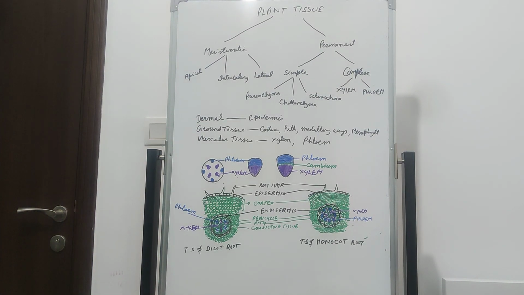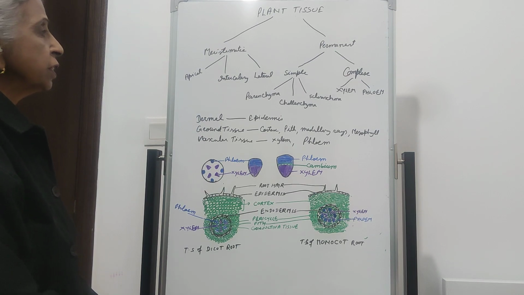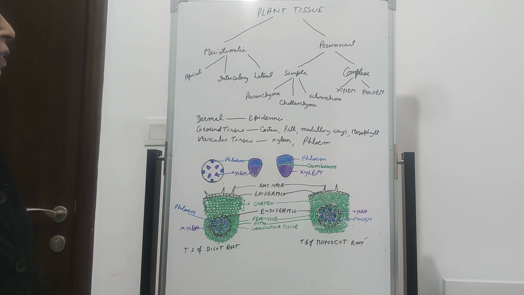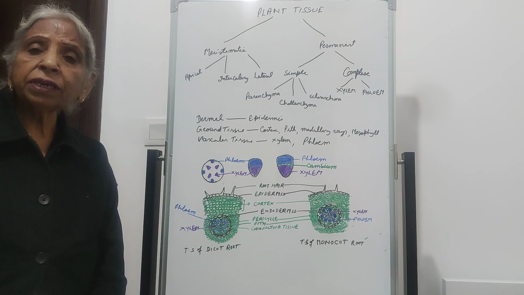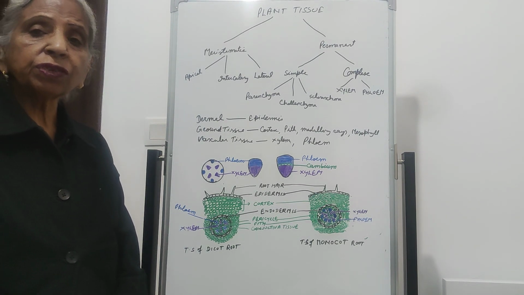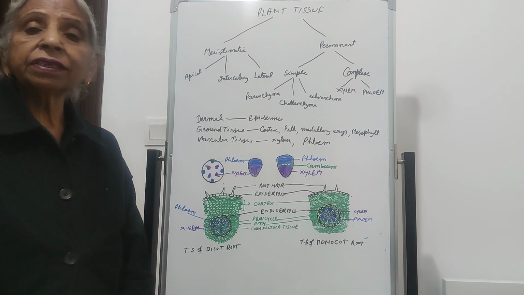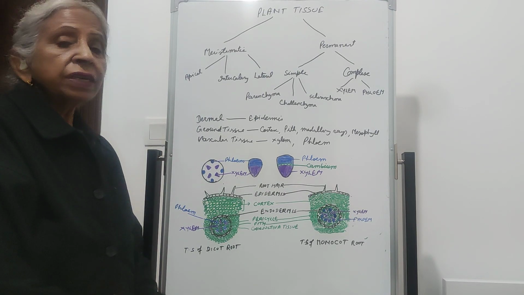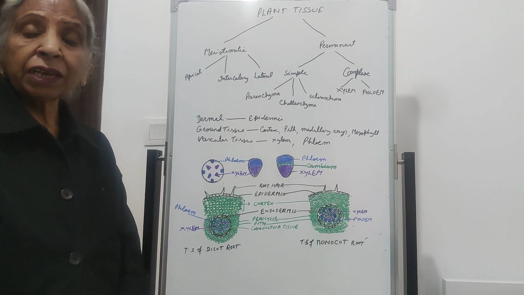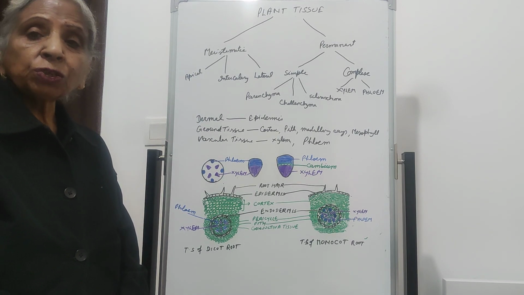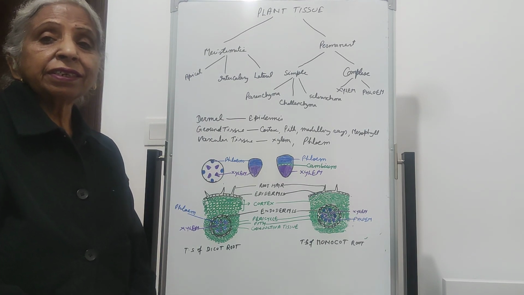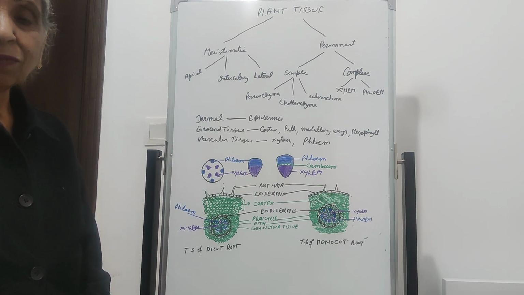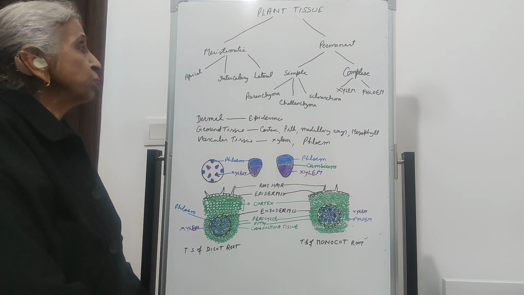Meristematic tissue, depending upon their location, has three types: apical, intercalary and lateral. Apical meristem is the group of cells present at the stem tip and the root tip. They are active, they have dense cytoplasm, conspicuous nucleus, and thin walled cells with little intercellular spaces.